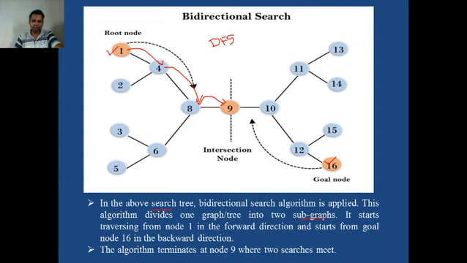It expands node 16 in this direction to 12, then towards 10, and from 10 to 9. So here both the forward search and backward search intersect at 9. The algorithm terminates at node 9 where the two searches meet. So this is the idea of bidirectional search.